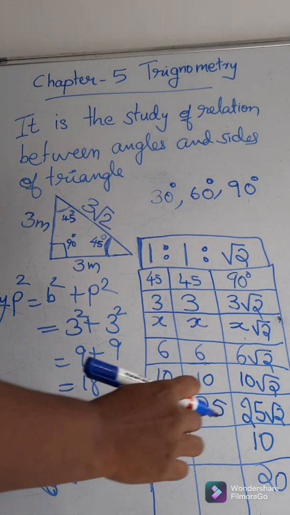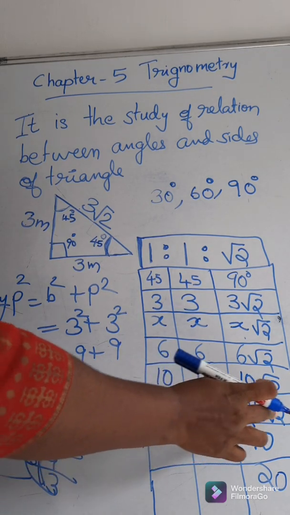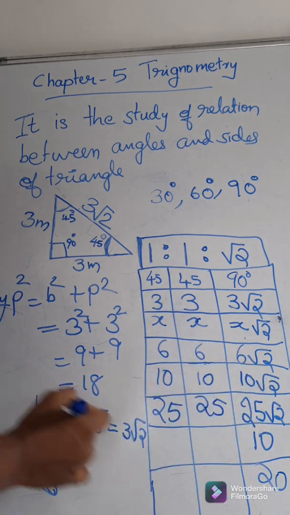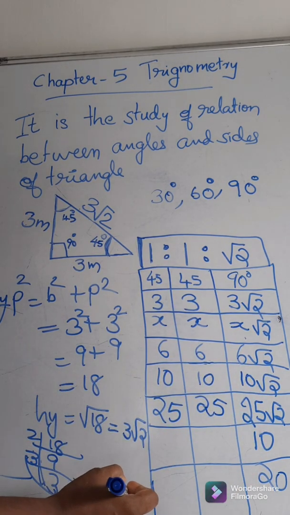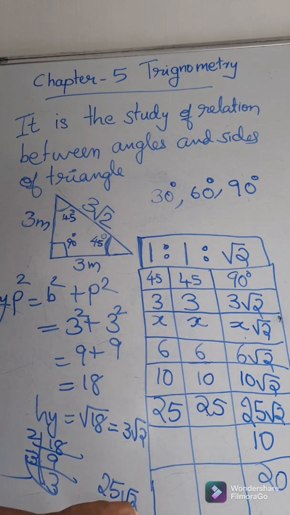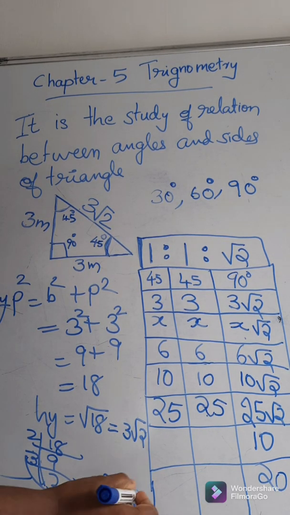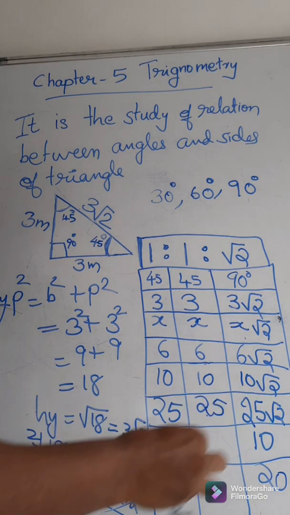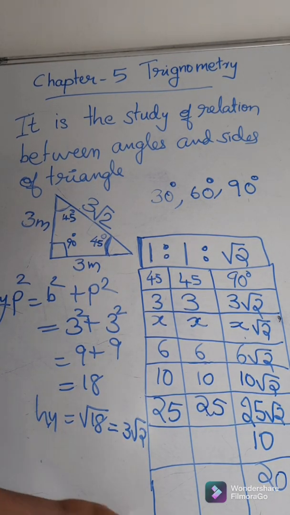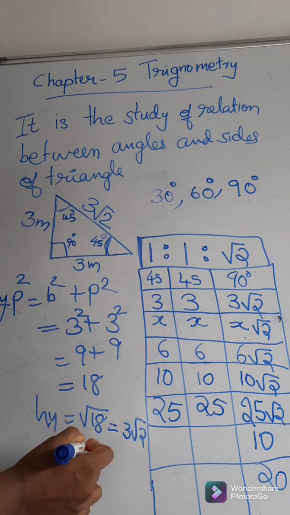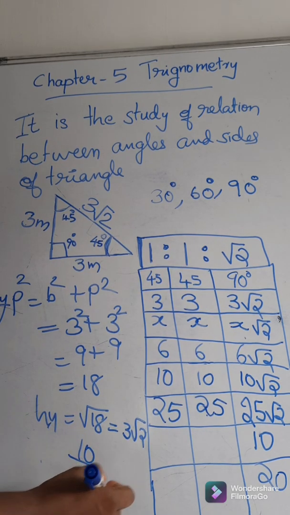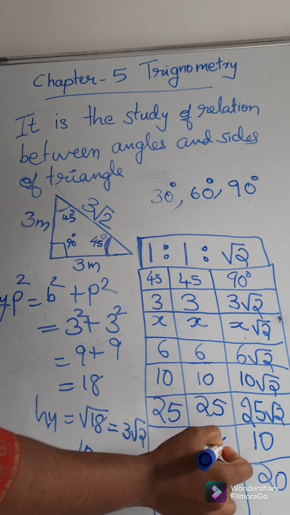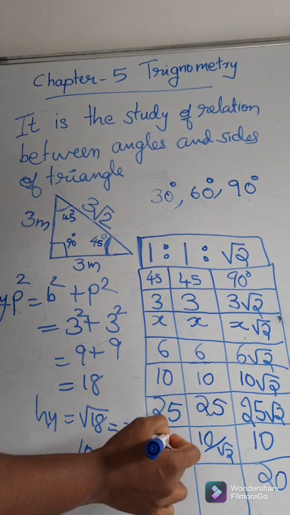If the number is 25 root 2, how did we get 25 here? We divide by root 2. Likewise, here they have given 10, so we divide 10 by root 2. That is the side, 10 divided by root 2. Here also 10 divided by root 2.